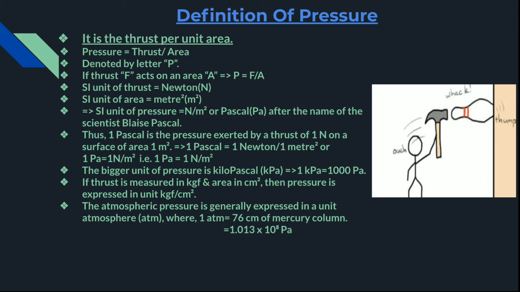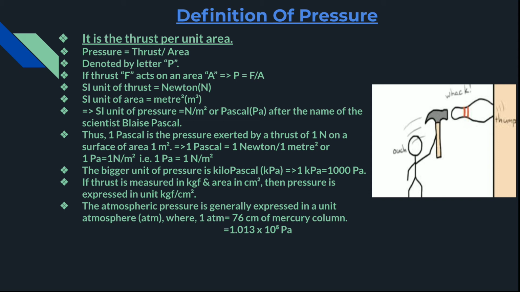The bigger unit of pressure is kilopascal, kPa, where 1 kilopascal is equal to 1000 pascals. If thrust is measured in kgf and area in centimeter square, then pressure is expressed in the unit of kgf by centimeter square.